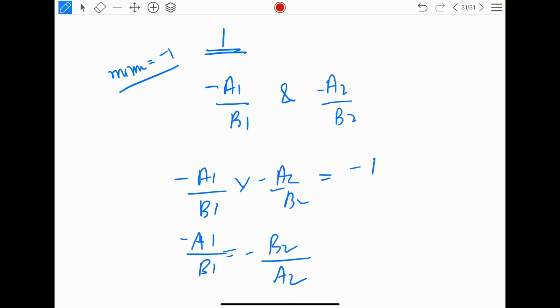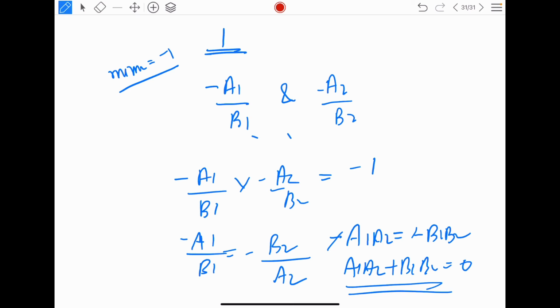So what you get from here is minus a1 a2 is equal to minus b1 b2. Minus minus cancelled, a1 a2 plus b1 b2 is equal to 0. Sorry, the minus is not cancelled here. a1 a2 plus b1 b2 is equal to 0. So this is the case for perpendicular.